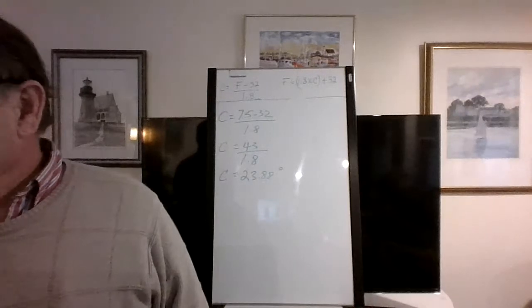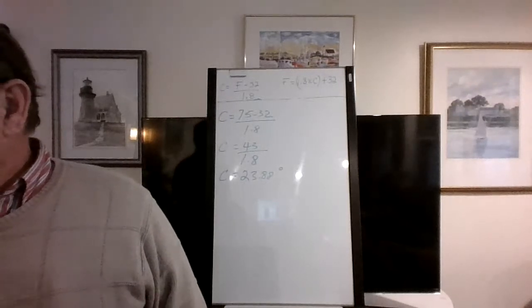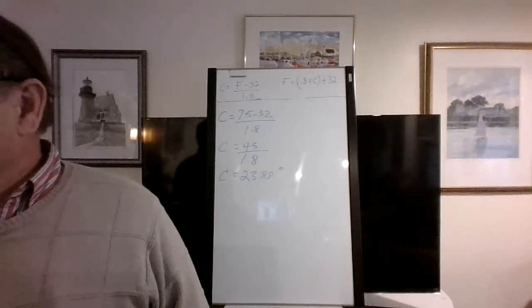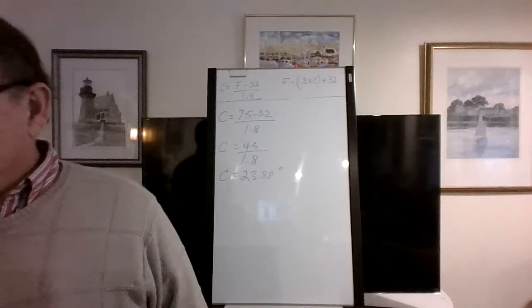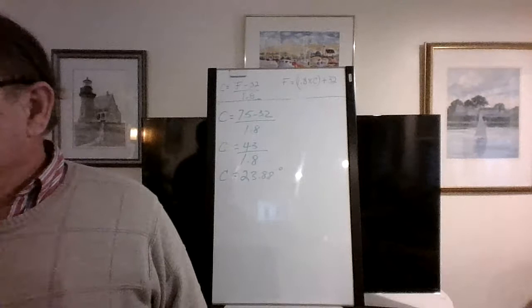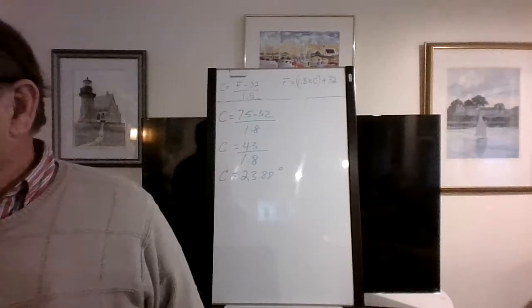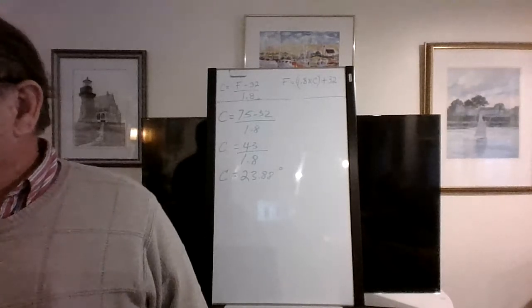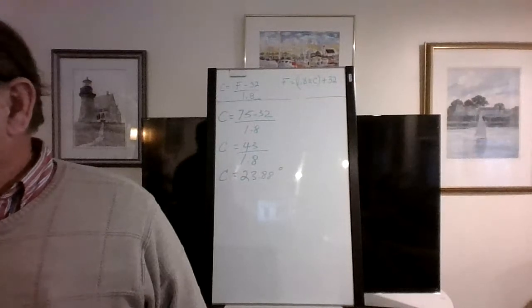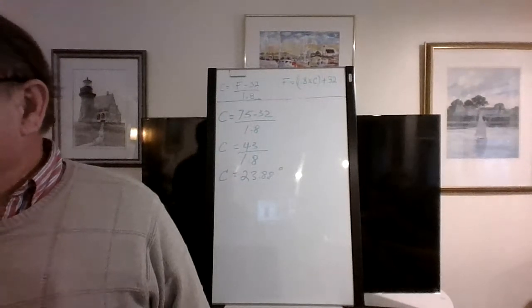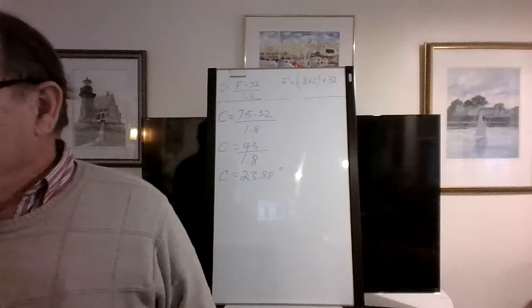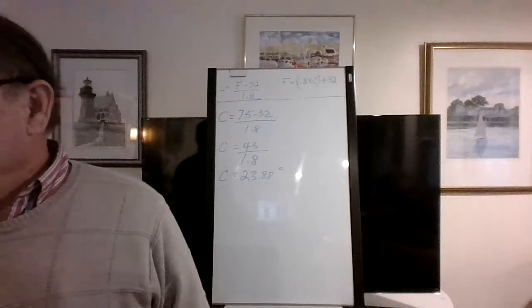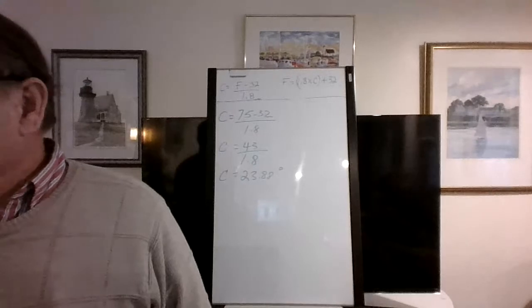453 cubic inches equals how many liters? Again, they have a formula on the previous page, and they mentioned going from cubic inches to liters. And I have 453 times 0.016 equals 7.24 liters.